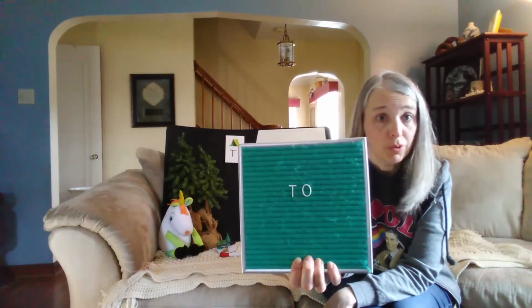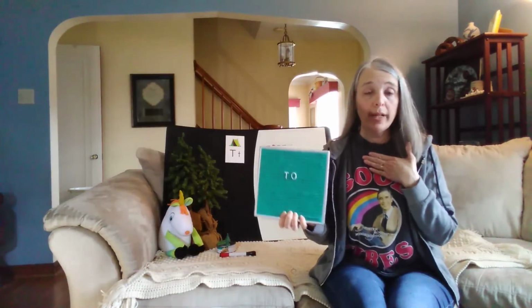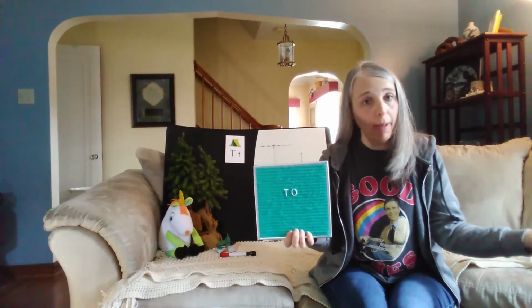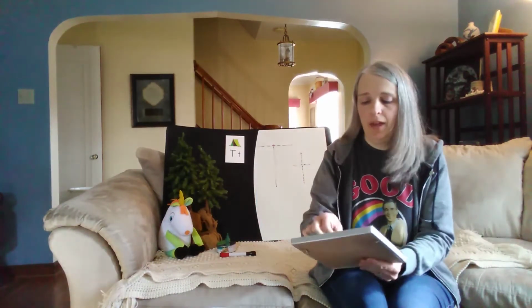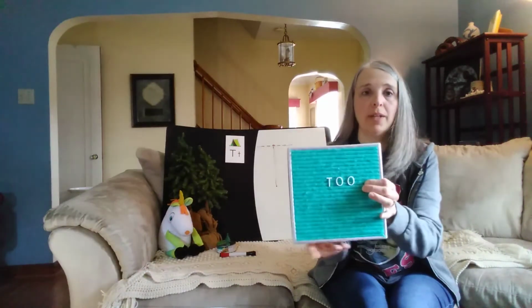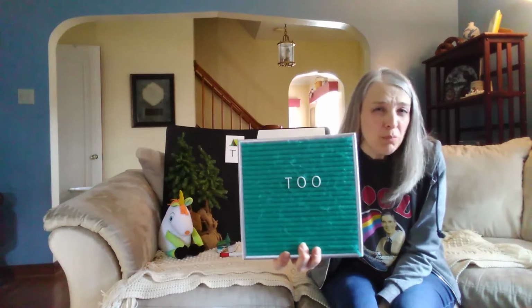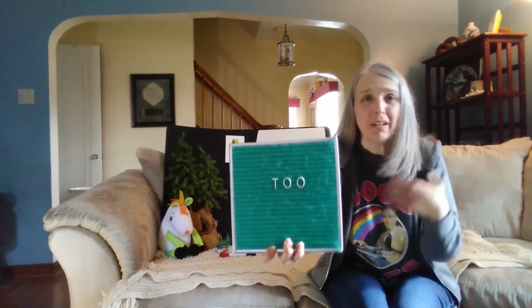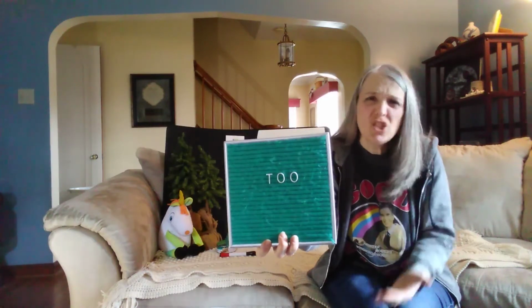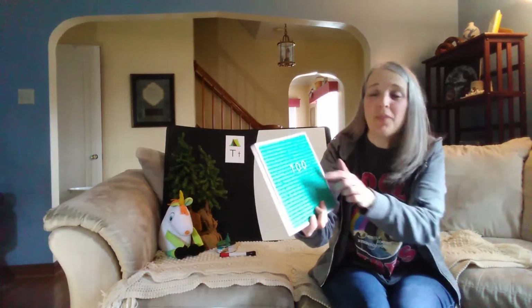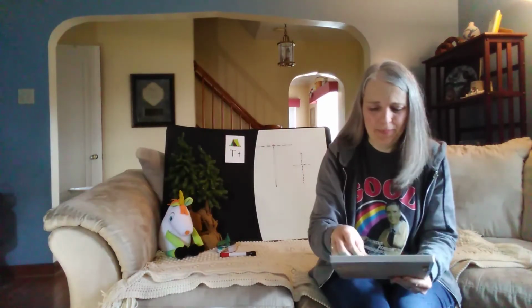T-O, to, like I am going to the store, or I am going to play in the backyard. T-O-O, which means, can I come too? That means I want to go with you. So can I come too? Me too? Have your little siblings ever said that to you before? So that's what T-O-O means.